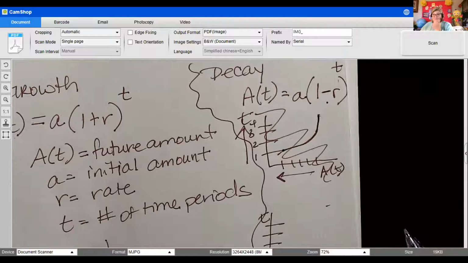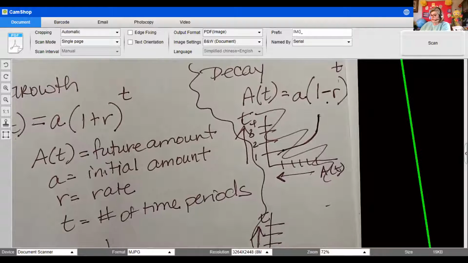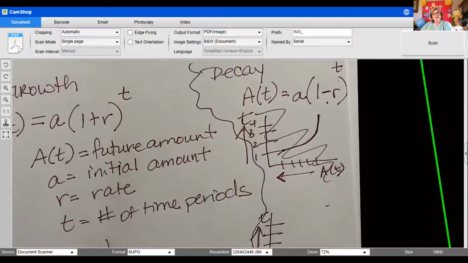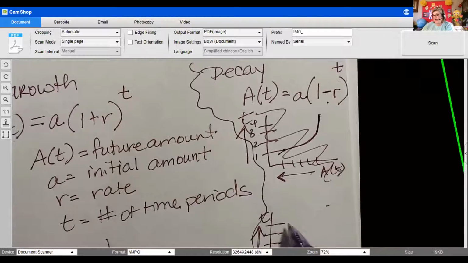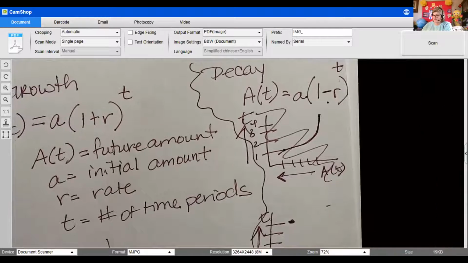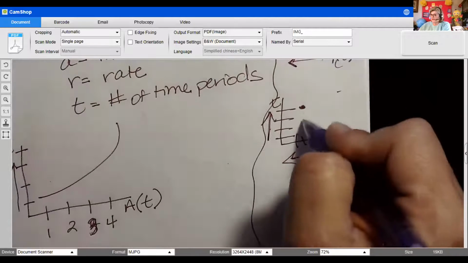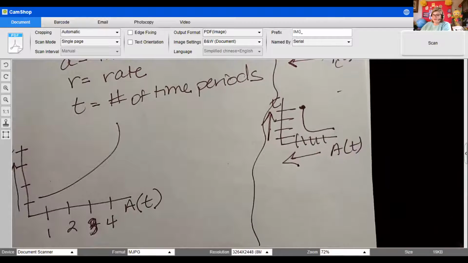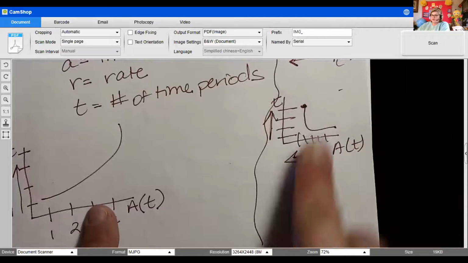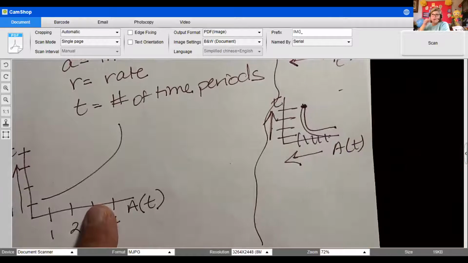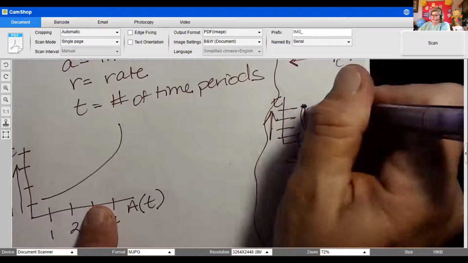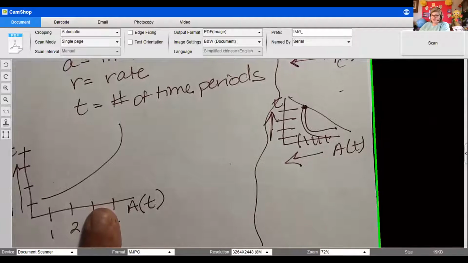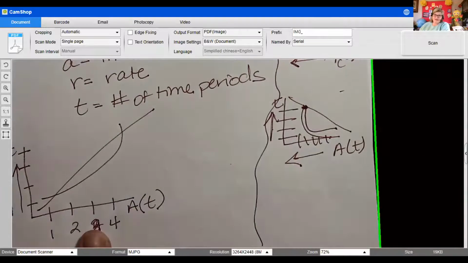So still, as you expect time to go up, you expect the value to go down. And so you're going to start high and end up low. So you can see the difference between the two. Start high, end up low. So your slope here would be negative, and your slope here would be positive.